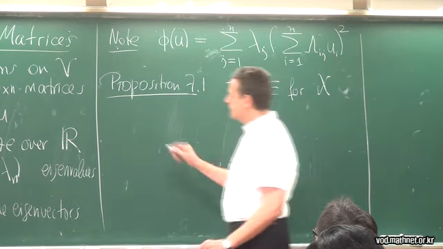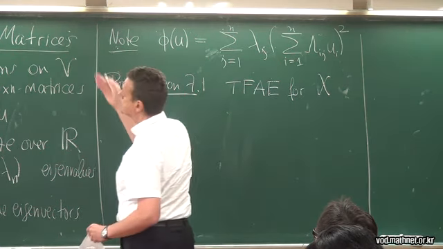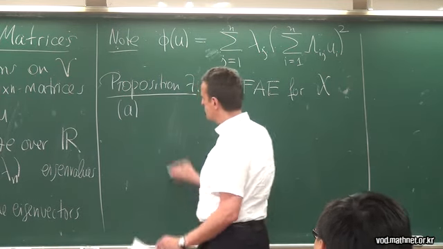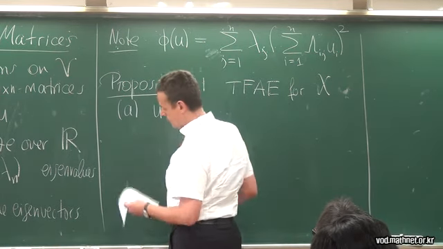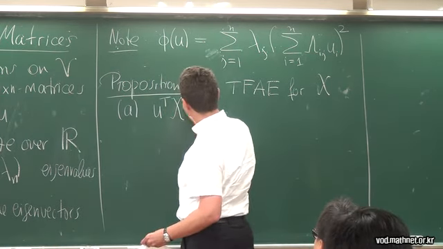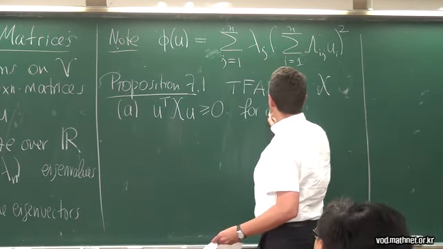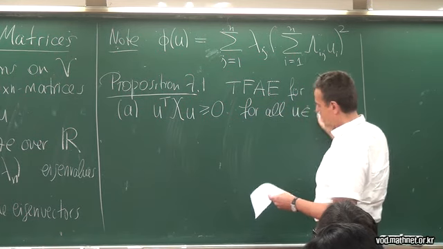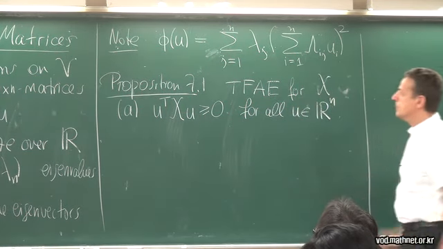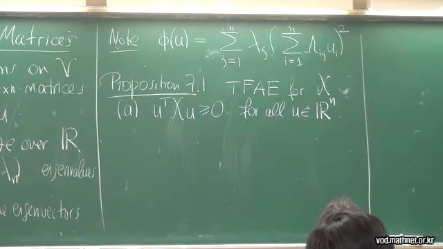Then the following conditions are equivalent. That's the positive semi-definite condition. So the first condition, A, is the quadratic form u transpose X u is greater or equal to 0 for all u in R to the n. So the quadratic form, just as a function, attains only non-negative values.